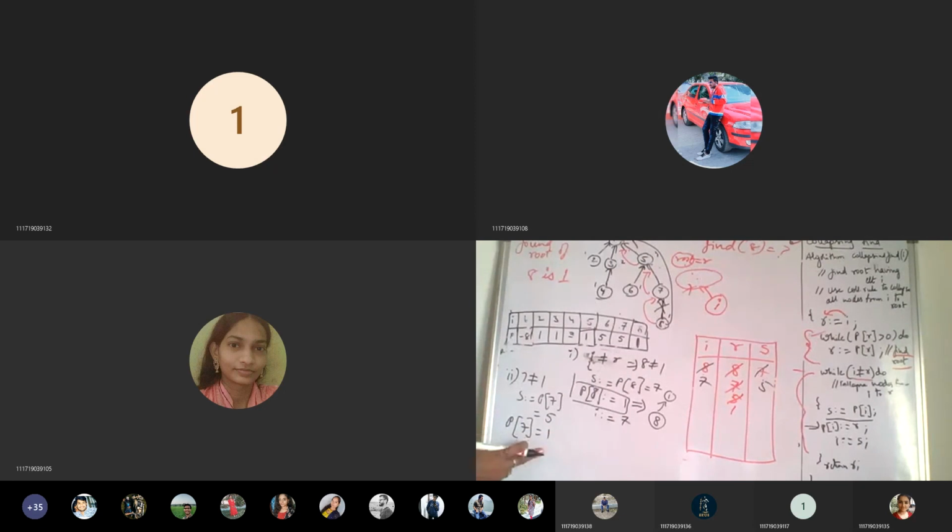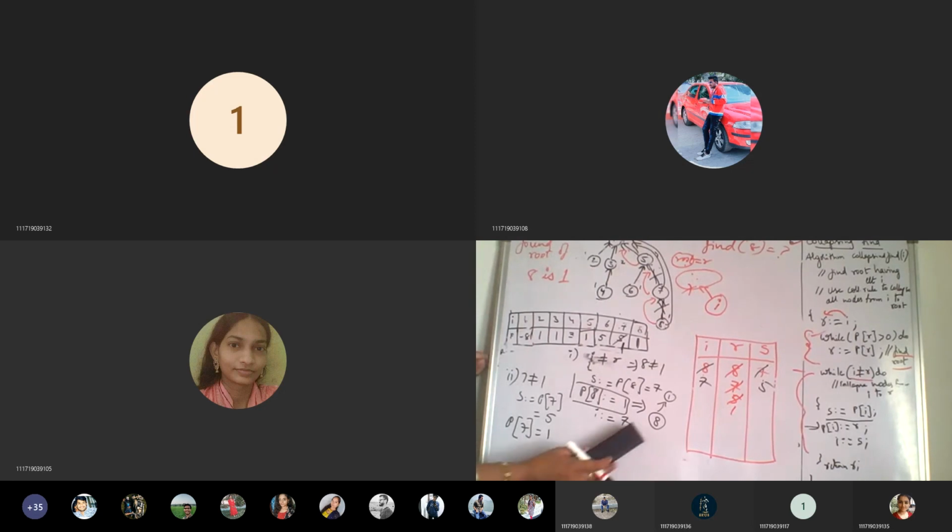Okay, P of 7 is equal to 1 means, instead of 7 directly connecting to 5, no more 7's parent is 5. But here we are writing P of 7 is equal to 1, so this 5 will be eliminated and this also will become 1. So this is collapsed and directly linked here. Okay, so that is the next statement.